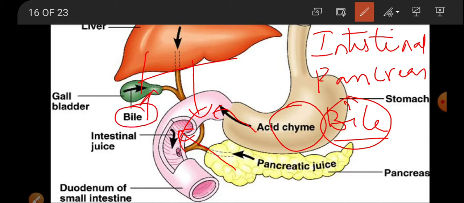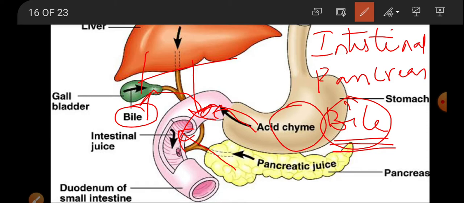Bile juices temporarily get stored in the gallbladder, and whenever the food arrives into the small intestine region, from the gallbladder the bile juice is released there. And this bile juice is a non-enzymatic juice, it doesn't have any enzymes in it. Liver is the largest gland, and bile juice is the only non-enzymatic juice that is secreted in our body.